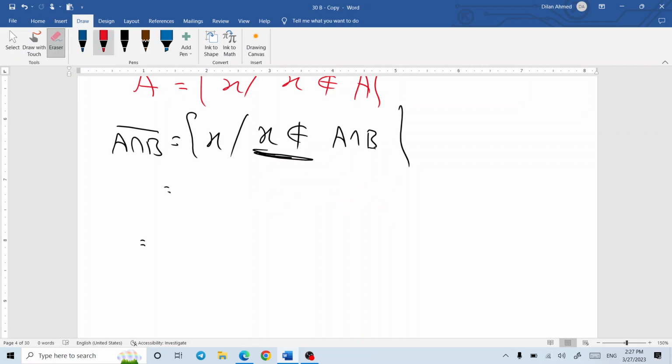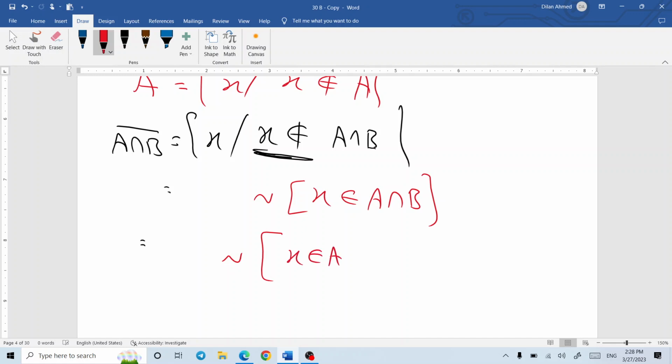So I can imagine taking out the negation part. So tell me about the box. The box means that x belongs to A. What's the definition of intersection? It is belonging to that one and that one. I am the teacher of discrete, so I'm teaching section 1 and, not or, section 2, right? So x belongs to A and B.